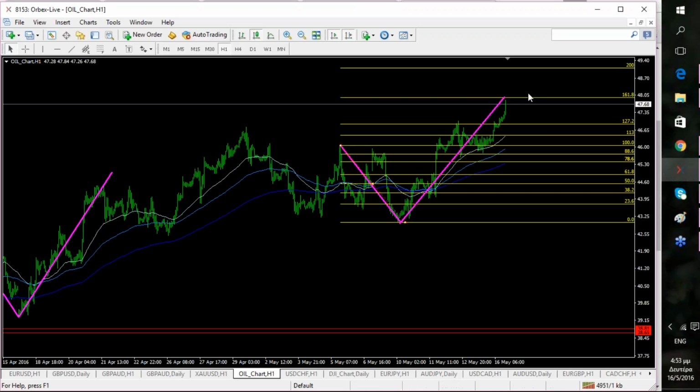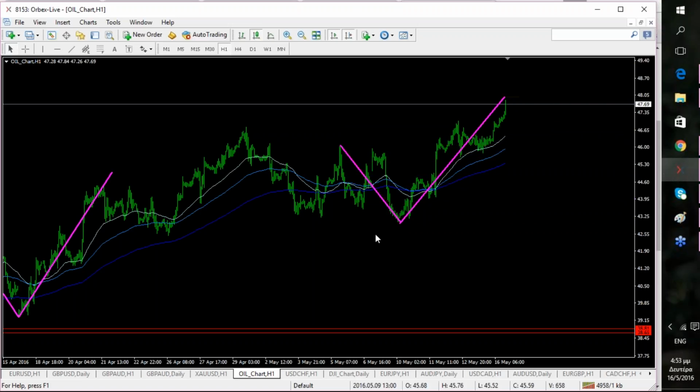So there is a bit of a chance for it to touch a little more of 161.8 or start to fall. Why fall? Because if this were a Z-like pattern, then it would fall from that point to around this area here as a correction, the 44.96 area.